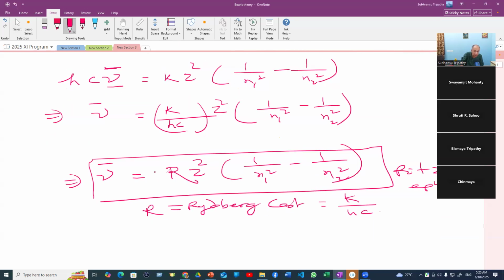And if you substitute the value of k by hc, it will be 109,677 centimeter inverse. Or if you make it meter inverse, then you will get 1.09677 into 10 to the 7.